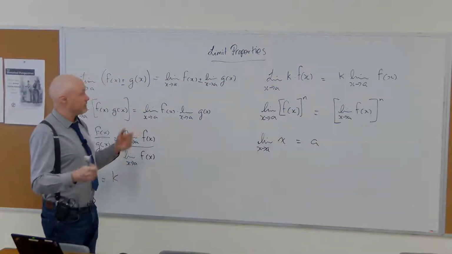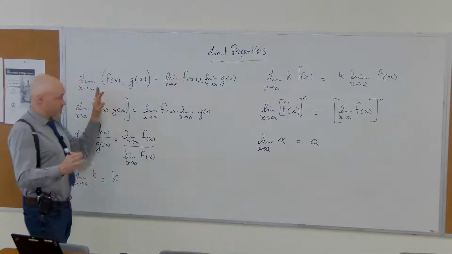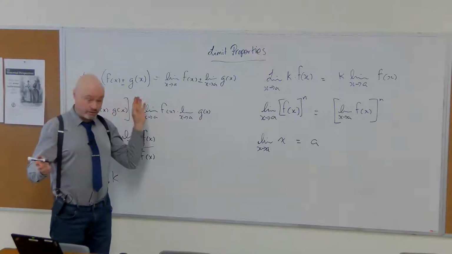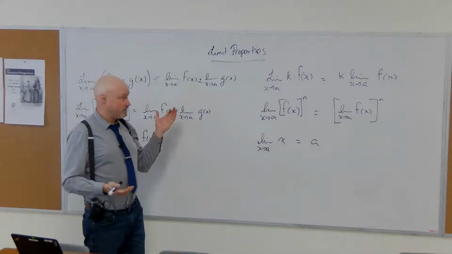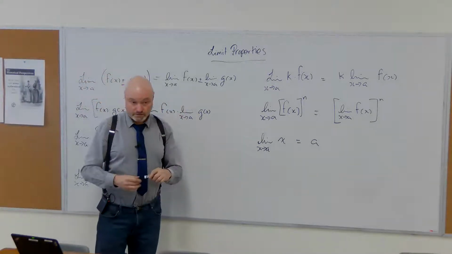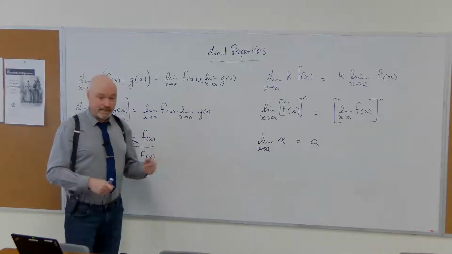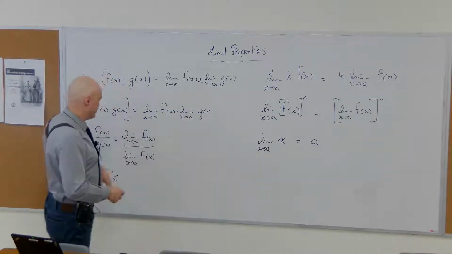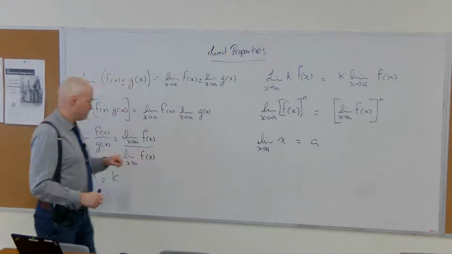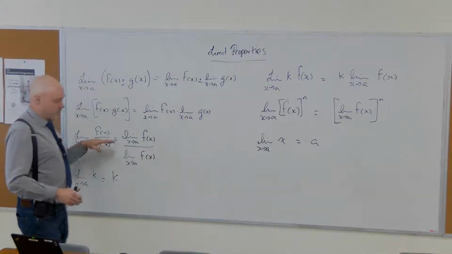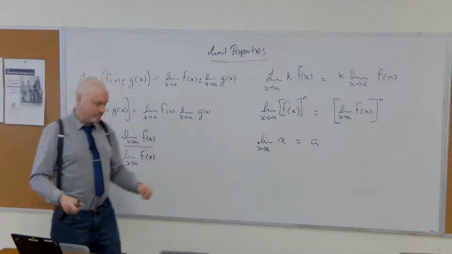So, limit properties. The limit of the sum or difference of two functions as x approaches a is the sum or difference of the limits of the two functions. So easy to say: the limit of the sum is the sum of the limits. The limit of the product is the product of the limits. The limit of a quotient is the quotient of the limits.